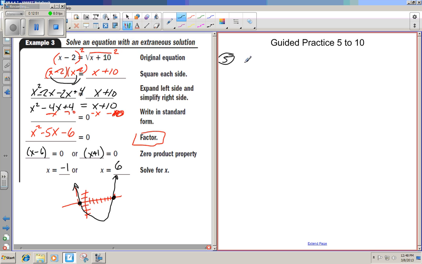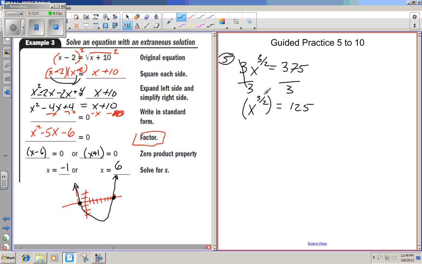Number 5 is 3x to the 3 halves equals 375. So we have to isolate the term. Divide by 3. When we divide by 3, we are now left with only the variable and the rational exponent on one side. Now, there are no radicals, so we just cube.